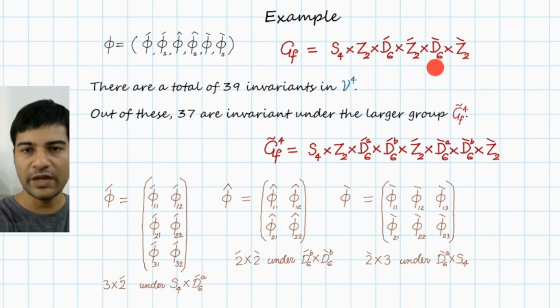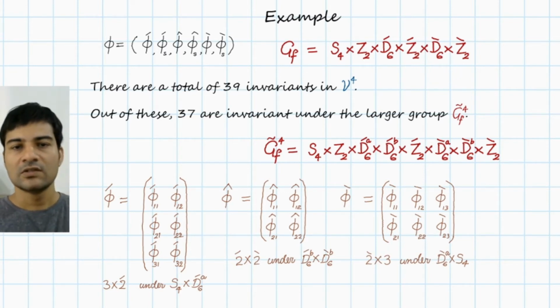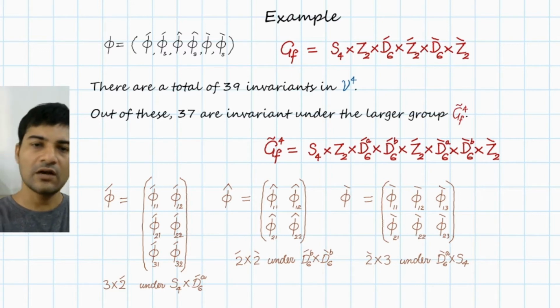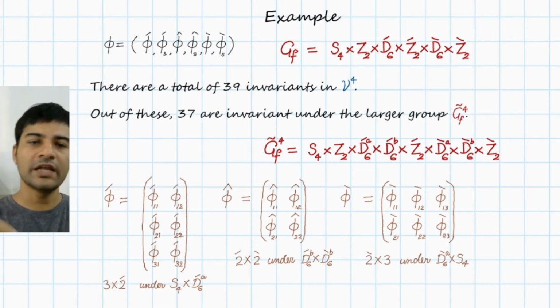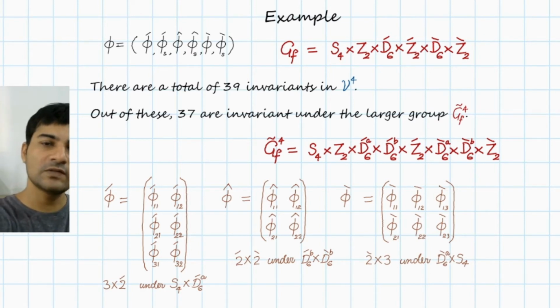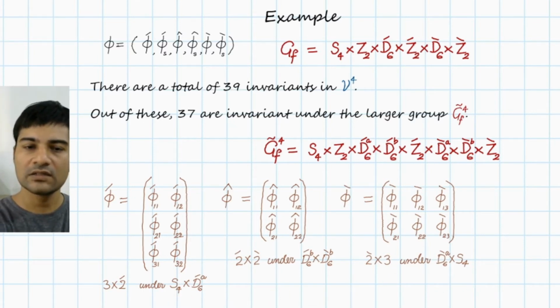But previously you had only one D6 group, that was grave D6. So this is how the larger group acts on the field. And if you do the calculations, you can see that out of these 39 invariants, 37 of them are invariant under this larger symmetry group.